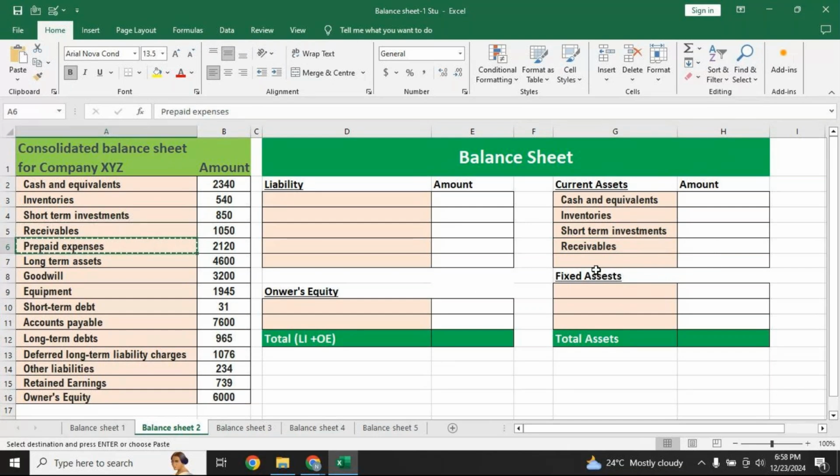Net expenses, long-term assets, goodwill, developments.